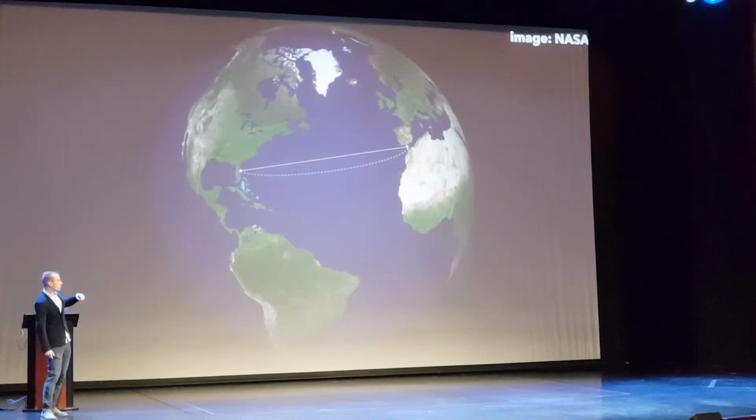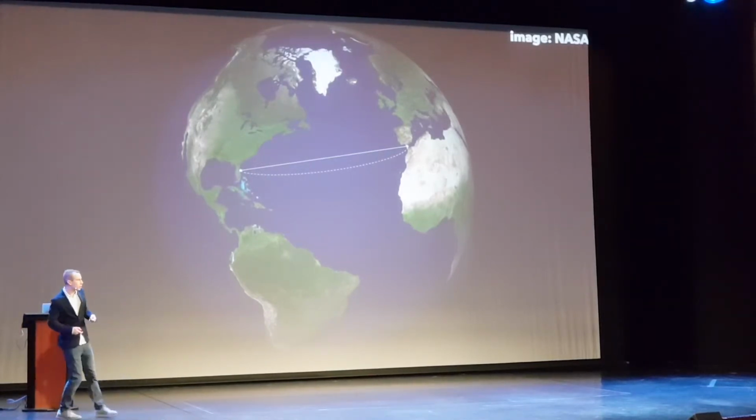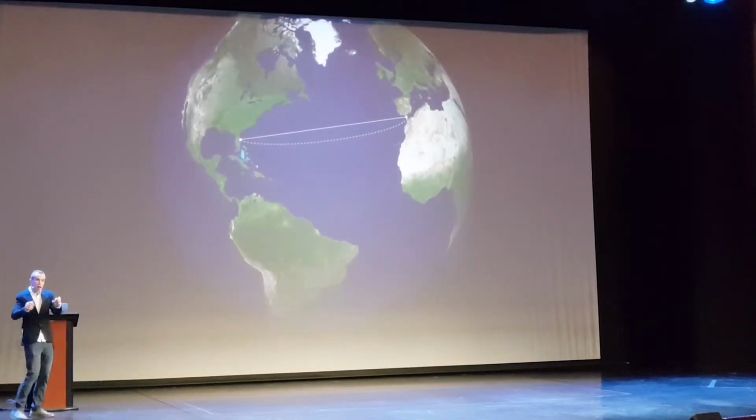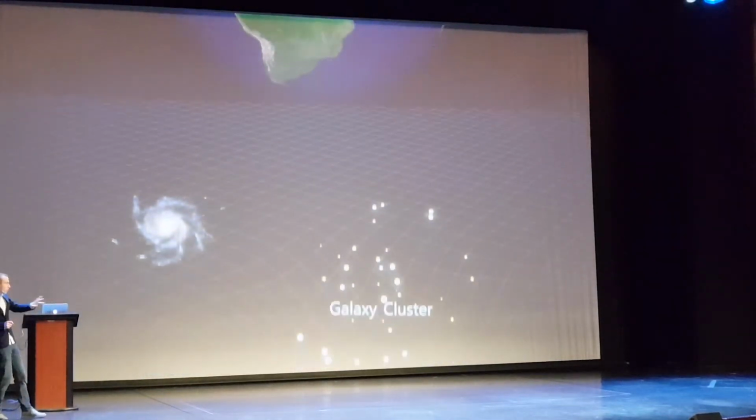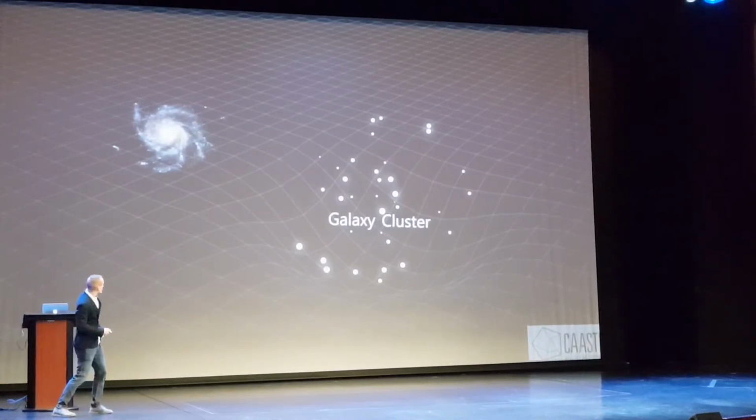And in the same way that a cruise ship has to take the shortest path between two points, photons also always try to take the shortest path between two points. But in curved space, that shortest path can end up looking distorted. We can see what's going on here.